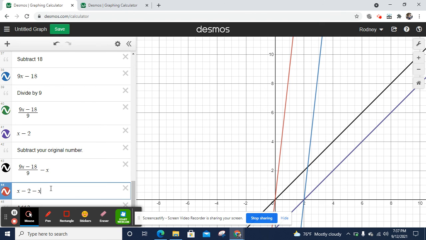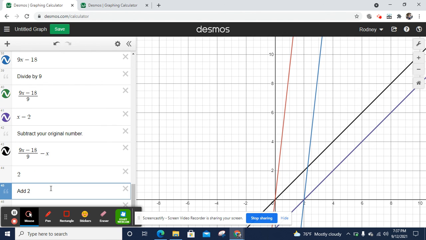And that cancels out the x, and I'm left with just 2. Okay, hold on, I apologize. I am wrong. X minus 2 minus x, I get rid of x, but I'm not leaving a 2. I'm leaving a negative 2 because that was a minus 2.